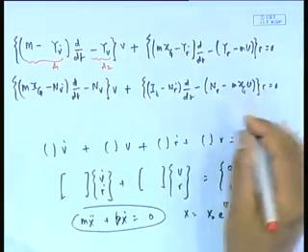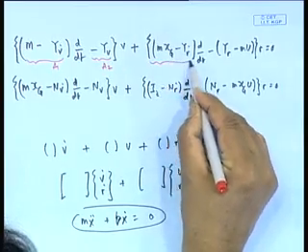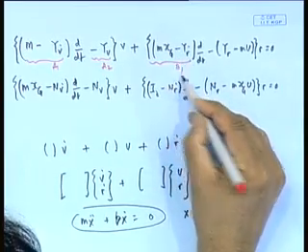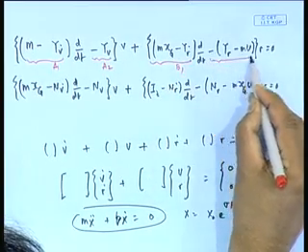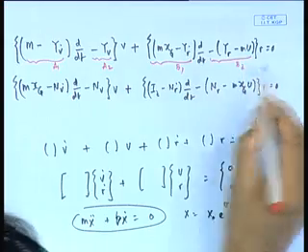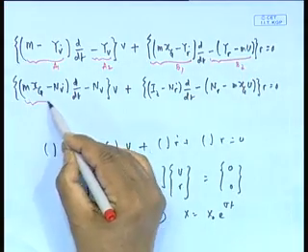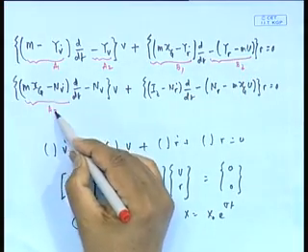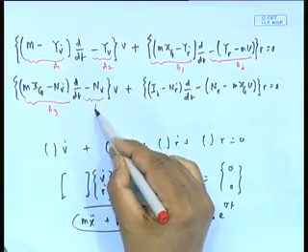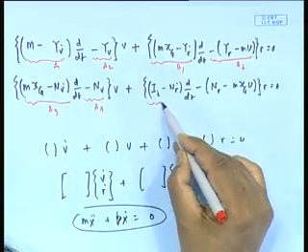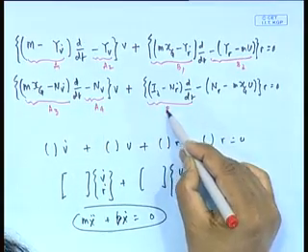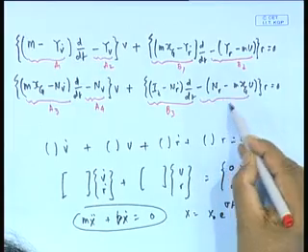I just want to write it so that you will know. I can call this B1, this with the minus sign, so that I have this. I can call this A3, this A4, this B3, and this B4.